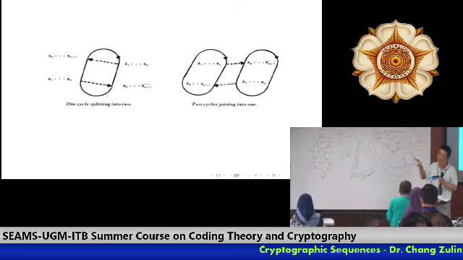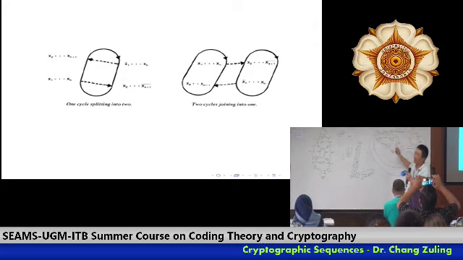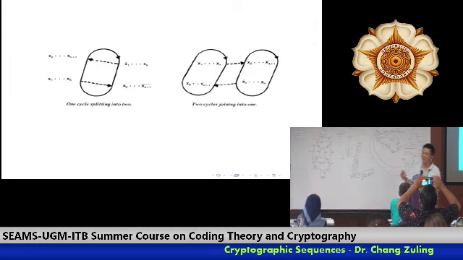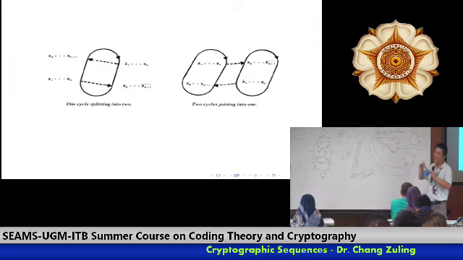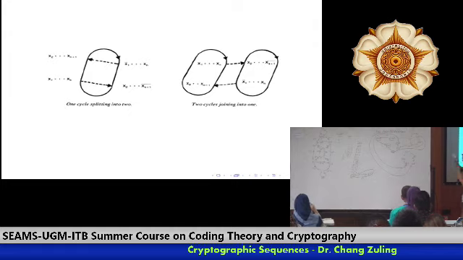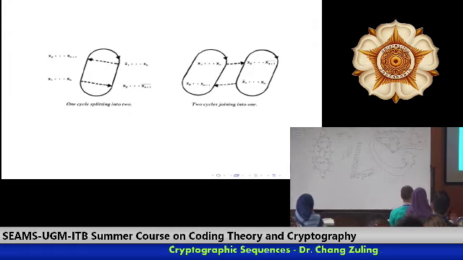One cycle means what? Every state occurs in the cycle, so it must be a different sequence. So it's the idea of cycle joining, to join the cycles into one. If at last there's only one cycle, then the result will be a different sequence. The idea is very clear.